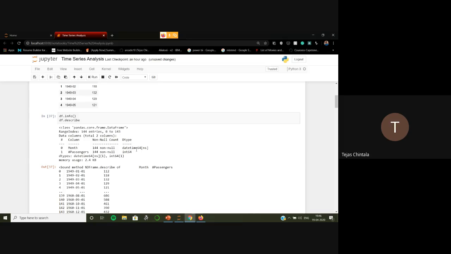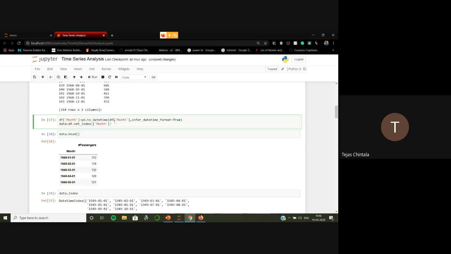Wait, just a minute. Earlier it was in the object format. The object format means it is in the string format actually, so we can't perform any analysis on the data. So this is our code here.